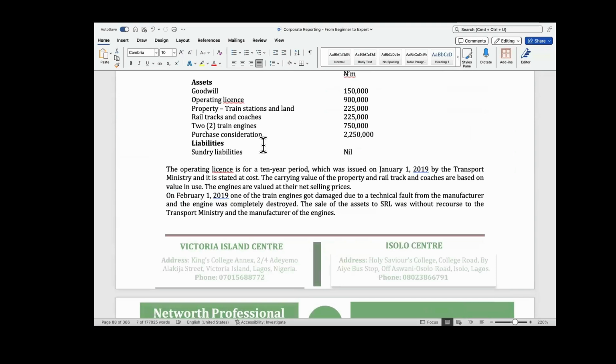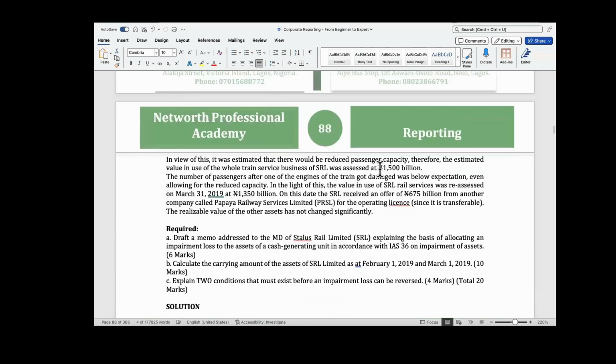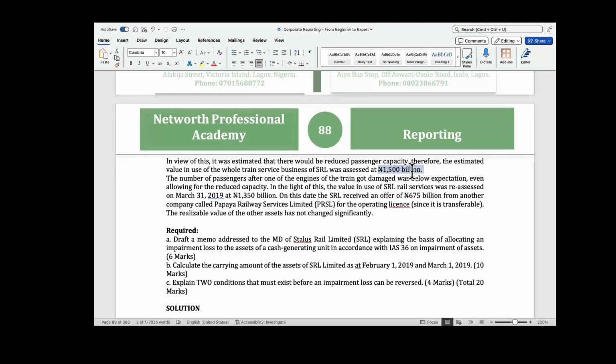The license, they told us, is at cost, which means they don't know its value in use. The train engine value is its selling price, so they don't know its value in use either. Though they know the value in use of the two, there are other assets whose value in use they don't know. That's why they are giving us the value in use as one. They are seeing everything as a single asset, so I can say that this 1.5 billion, 1,500 billion, is the value in use of the CGU.